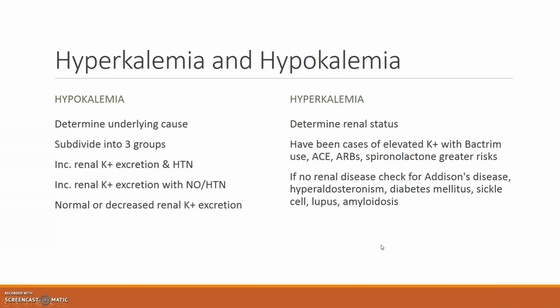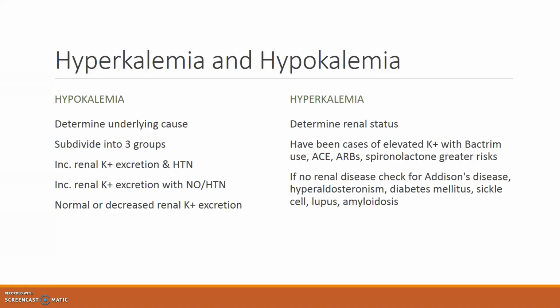So let's divide hypokalemia and hyperkalemia. In hypokalemia, determine the underlying cause. It's essential. And in order to do that, you need to divide your patients into 3 groups. The first group has increased renal potassium excretion and hypertension. Second group would be that same increased renal potassium excretion with no hypertension.